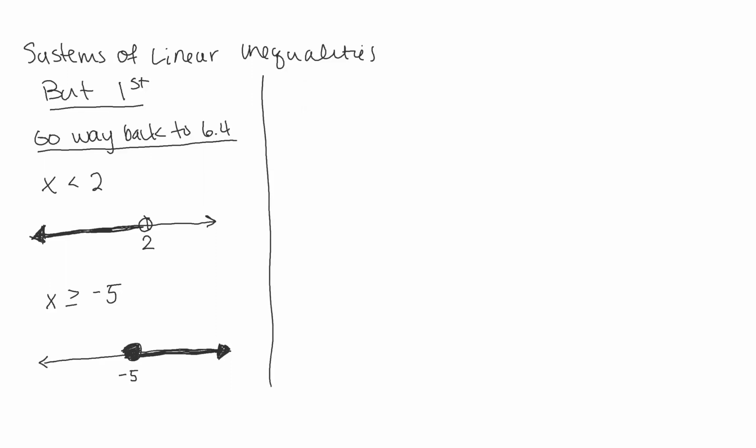So then if we go back to 7.2, we had situations where we were solving linear equations in two variables. And really what that meant is we were graphing them. So we could have something like y equals 2/3 x minus 5.